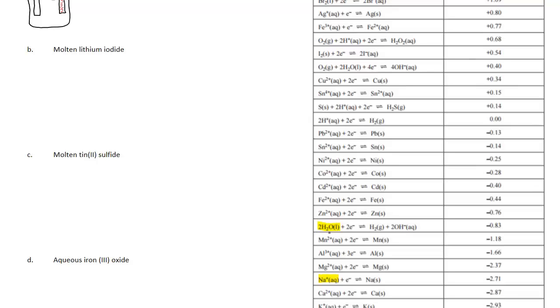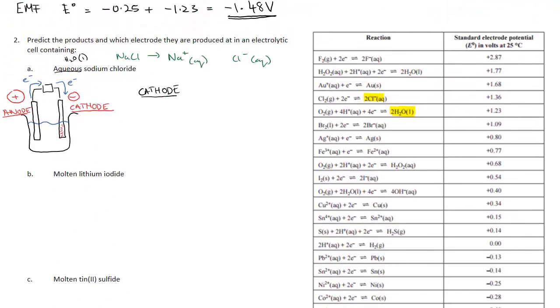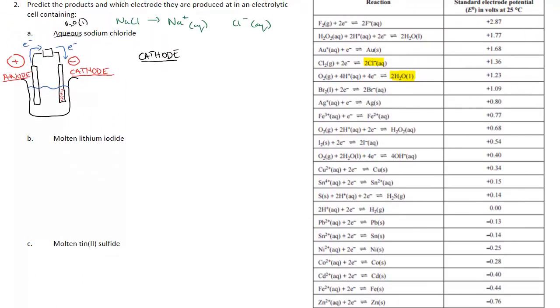We know that when water and sodium ion compete, water is going to be better at gaining electrons because it's higher on your electrochemical series, making it a stronger oxidant. Sodium ion is the weaker oxidant, and so water is going to be the reaction that takes place at the cathode.